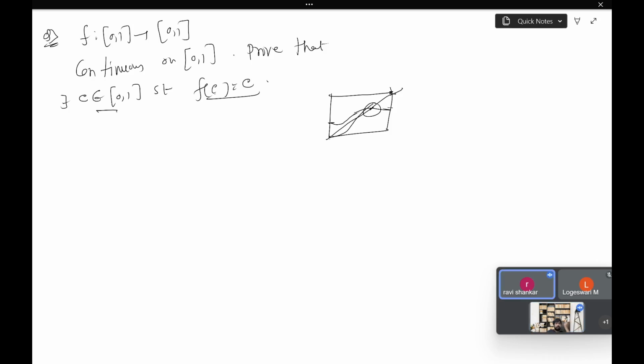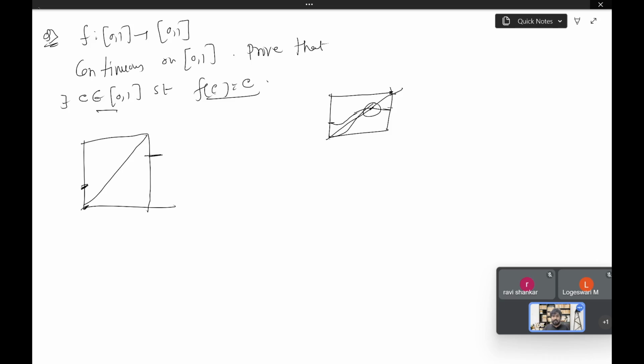Yeah, sir, for a straight line, this is valid when y equals x. Yeah, obviously for a straight line it is obvious, but for any condition it should be the case. Because if f(0) is not 0 and f(1) is not 1, then f(0) will lie in some top portion and f(1) will lie in some bottom portion, okay?